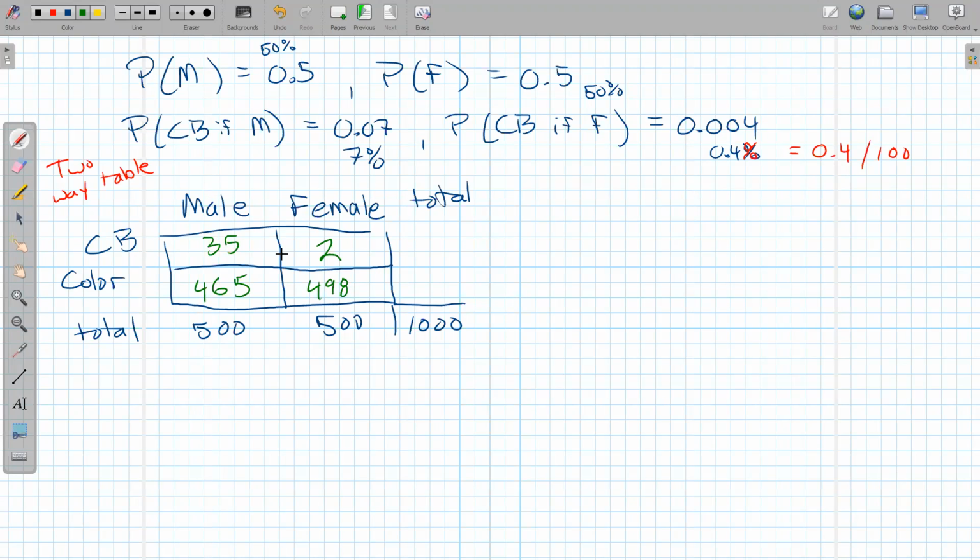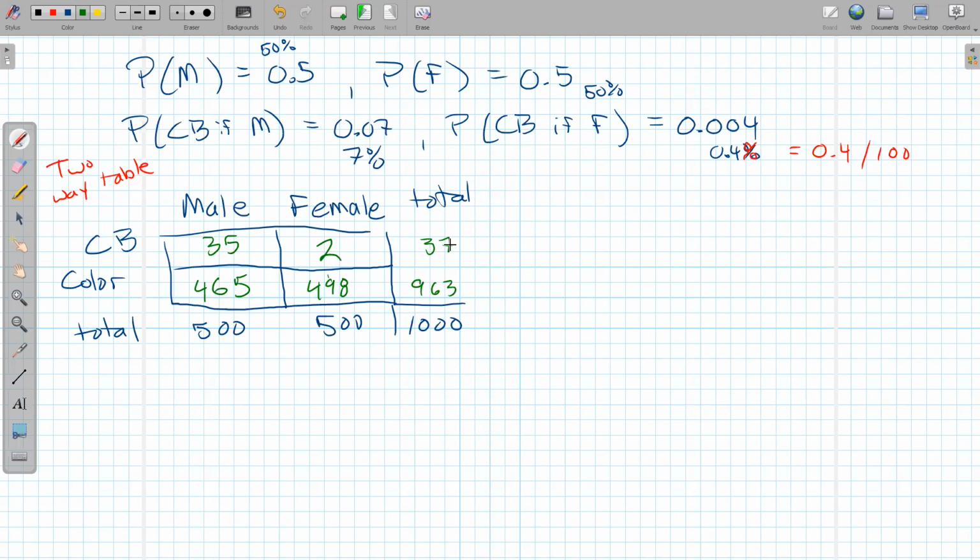As far as the totals go then, colorblind in the population, regardless of male or female, should be 35 plus 2, or 37. And then as far as the colors go, what do we get? 8 and 5 is 13, carry the 1, 16, carry the 1, we get 963 there, and if we add those up, it better come out to 1,000, otherwise my arithmetic is not good.